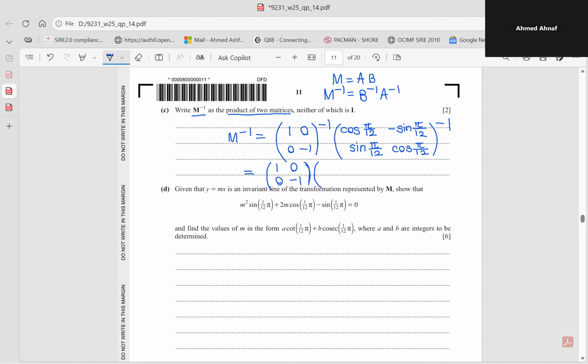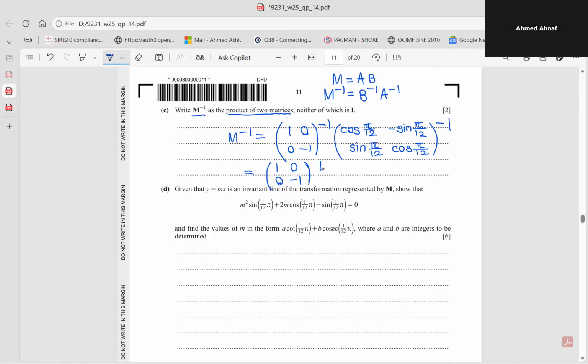For this one, we're not gonna use a calculator. We're gonna use the inverse matrix form for 2 by 2 matrices. So for 2 by 2 matrices, you take the cross product, so it is cos square pi over 12 minus negative sine square pi over 12. So it's cos square pi over 12 plus sine square pi over 12, which is just 1.